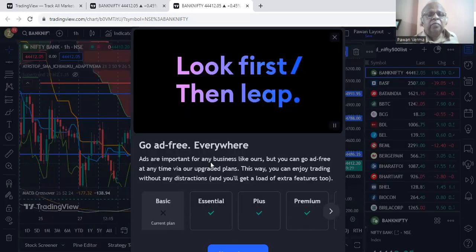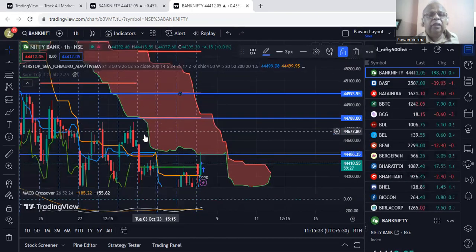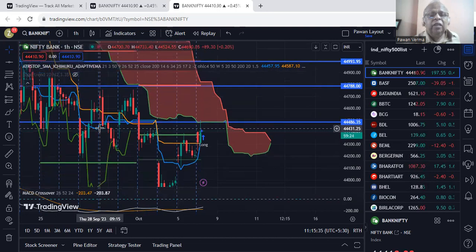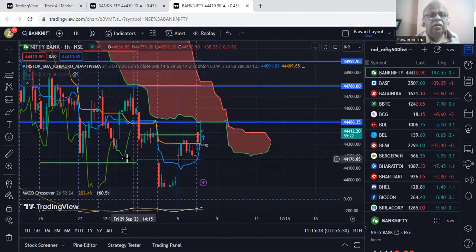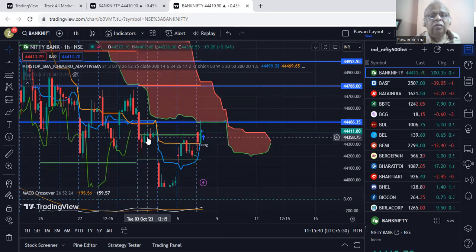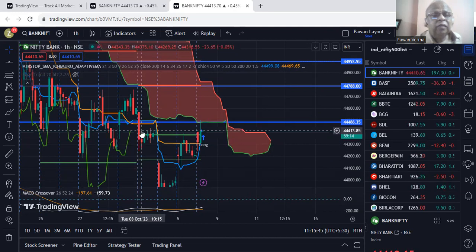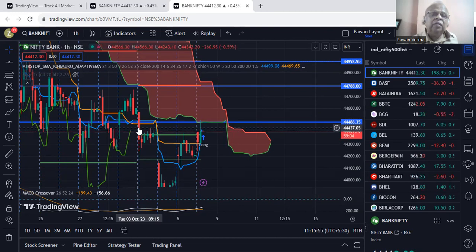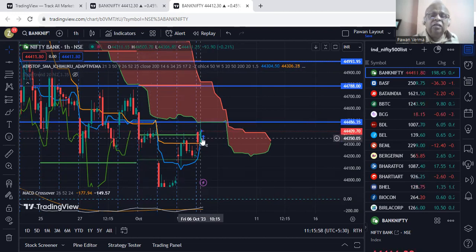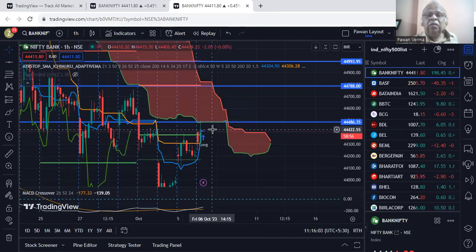So friends, what I am trying to say is that whenever the Chikou span moves towards the price, we will see that when the price approaches, the index value will increase to the level of 44,486.